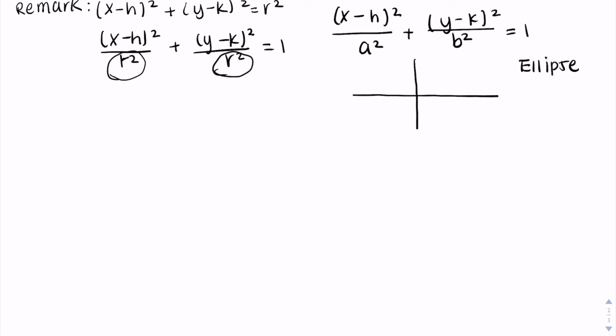Because a² will be this one, it will be negative a and positive a right here, and b, negative b. So they're all at different points. And then it will make something like this.